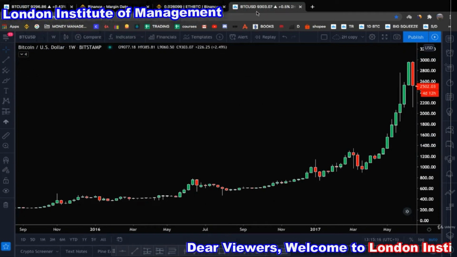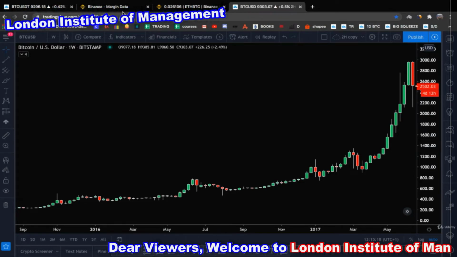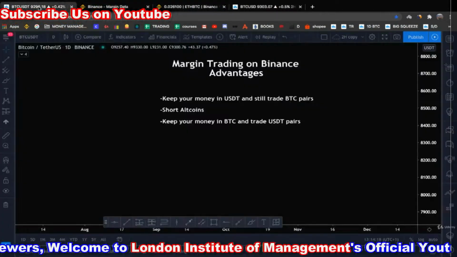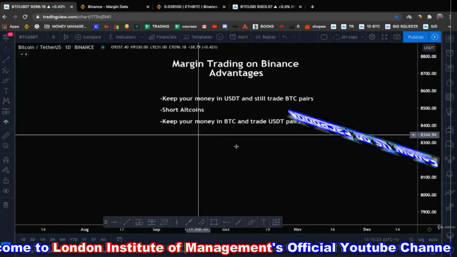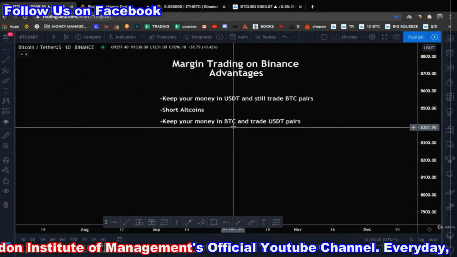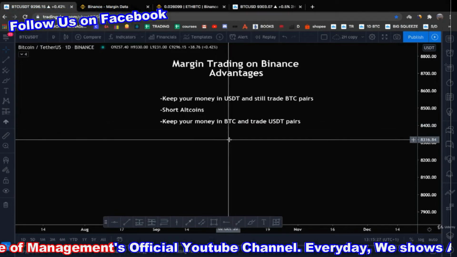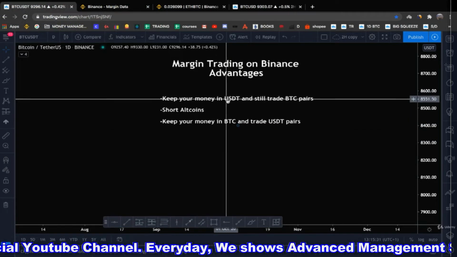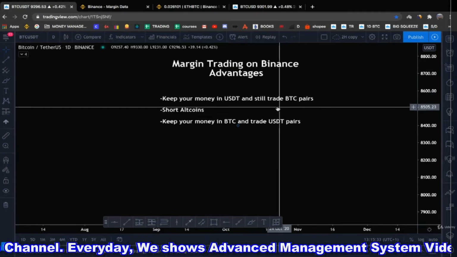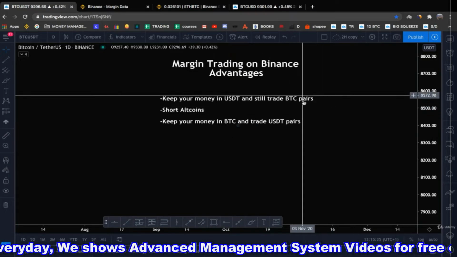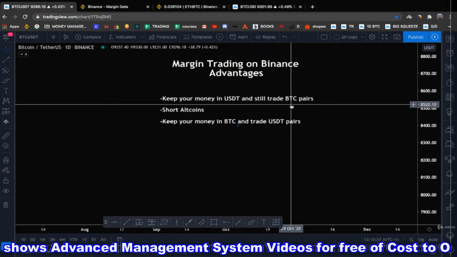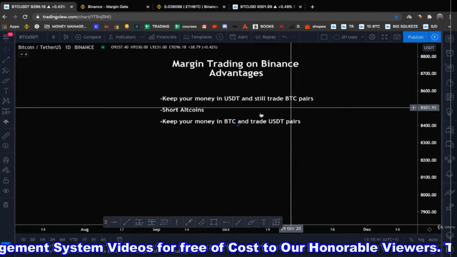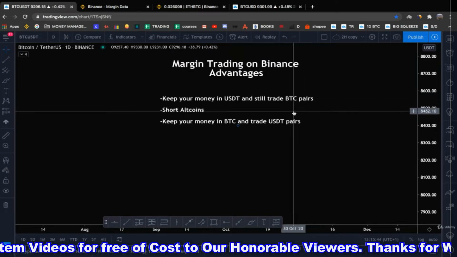And still, when you want to trade USD pairs, you can do it simply by borrowing USD. So these are the biggest advantages that margin trading on Binance is giving you. To summarize, most people are going to keep their money in USDT, but with margin trading, you will still be able to trade Bitcoin pairs much easier, simply by borrowing Bitcoin, entering the trade, then exiting and repaying the Bitcoin.